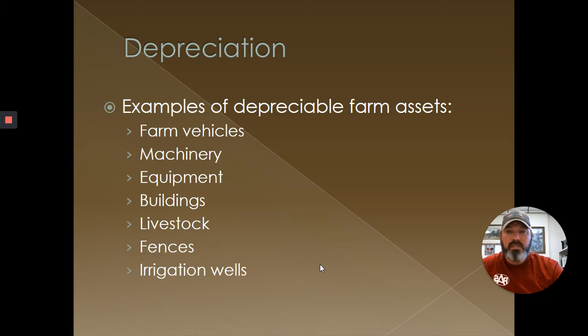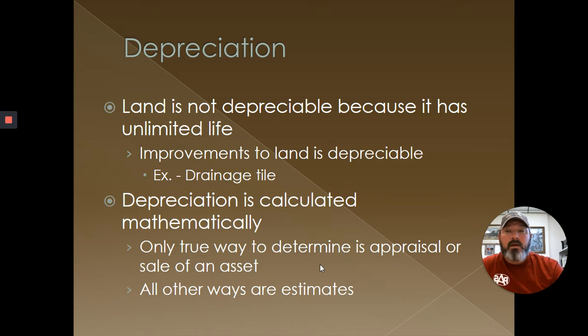Here are some examples again: farm vehicles, machinery, equipment, buildings, livestock, even fences count as a depreciable asset. If you put in irrigation wells, those also count. But again, I mentioned land is not depreciable, but if you do improvements to the land, like putting a building on it, building a shop, or putting in tile or a fence, those in fact are depreciated.